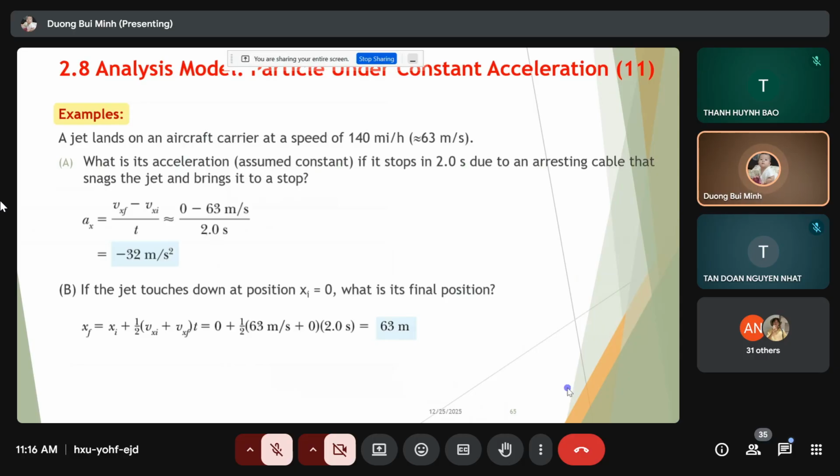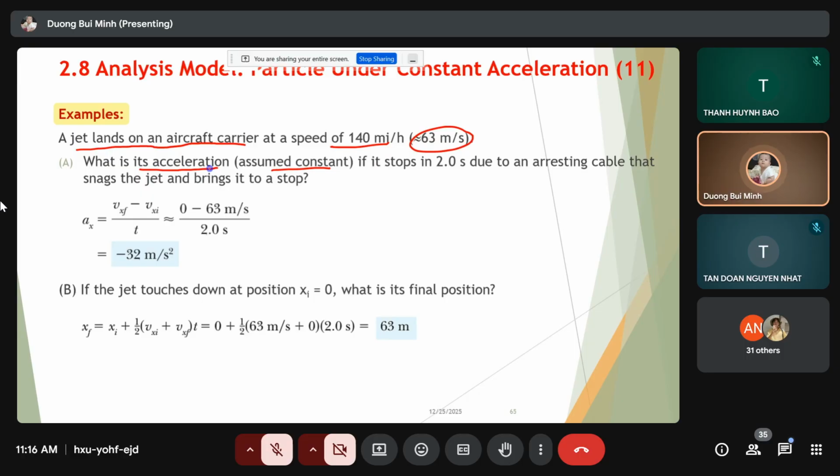Now for example, this example. A jet lands on an aircraft carrier at a speed of 400 miles per hour. That means 63 meters per second. Okay, so what is its acceleration?